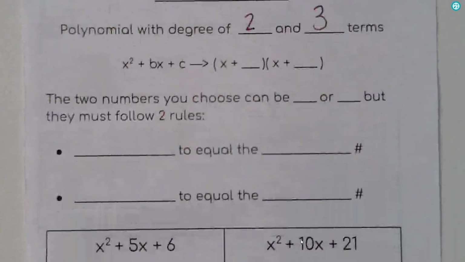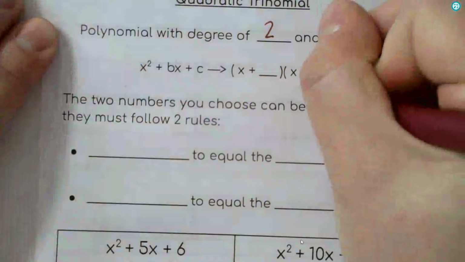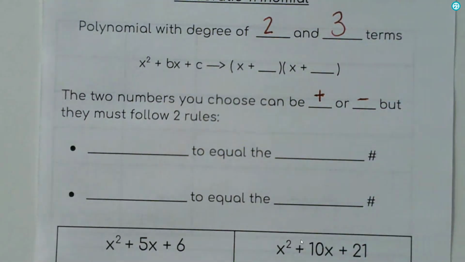Okay. As we are doing this, it's kind of like a puzzle. The two numbers that you choose can be positive or negative, but they always have to follow these two rules. And we will show you after our first couple of examples why they have to follow these two rules.